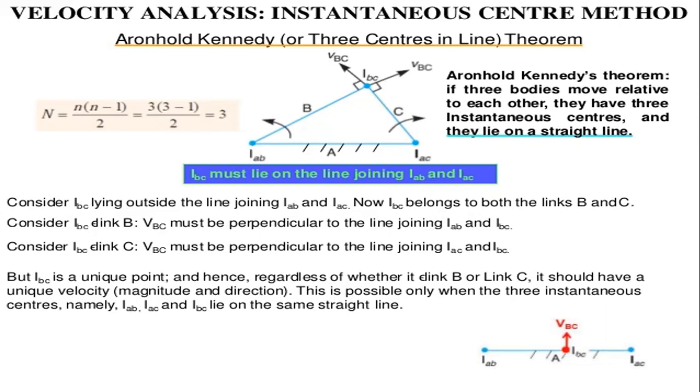Here I am considering the instantaneous center for BC lying outside the line joining AB and AC. Now BC belongs to both the links B and C only.